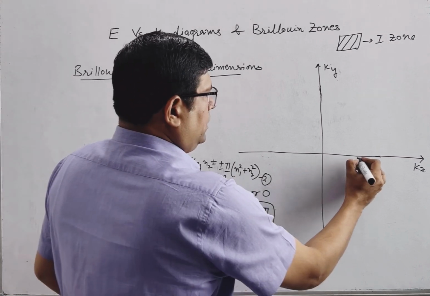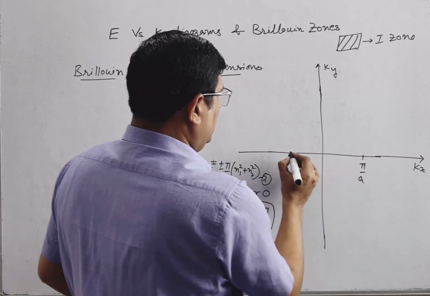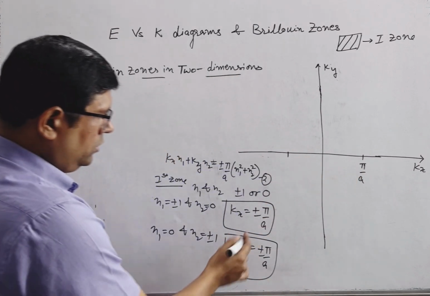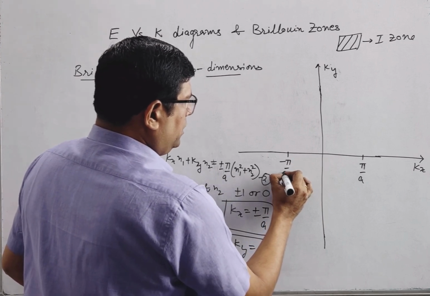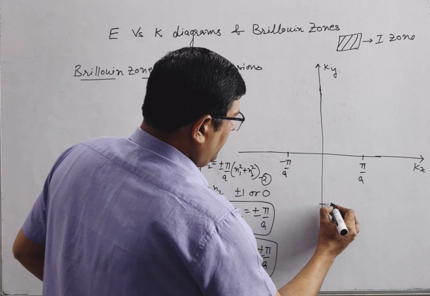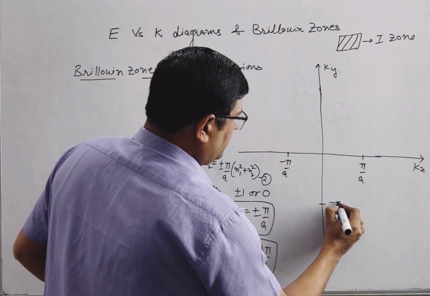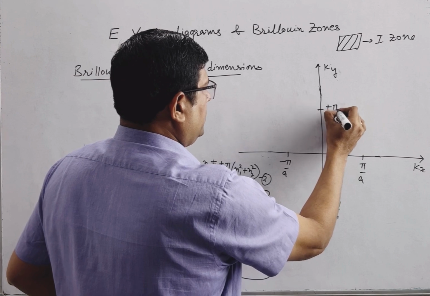So if we draw these two conditions here, then we will get a square. This is minus pi by a, this is plus pi by a.